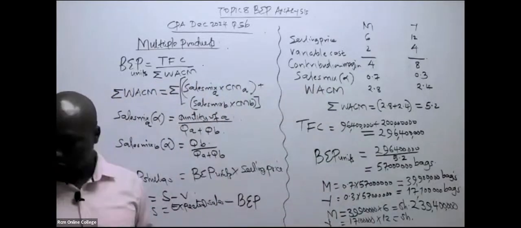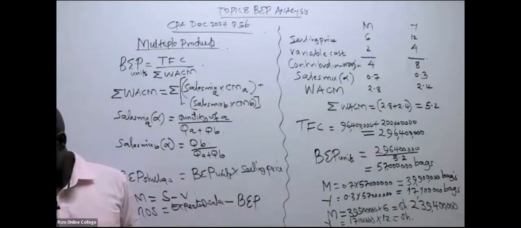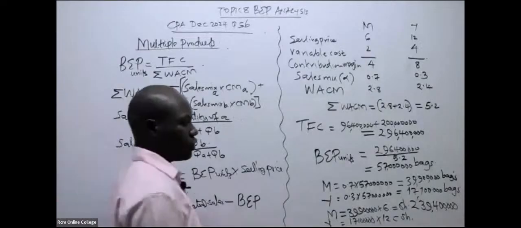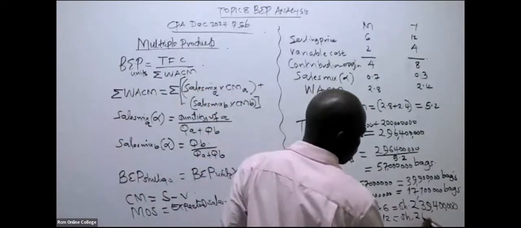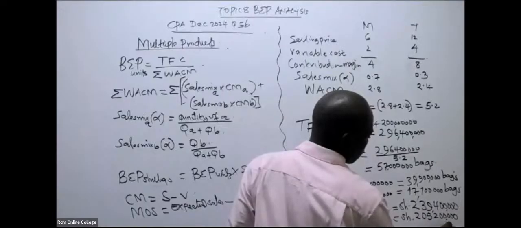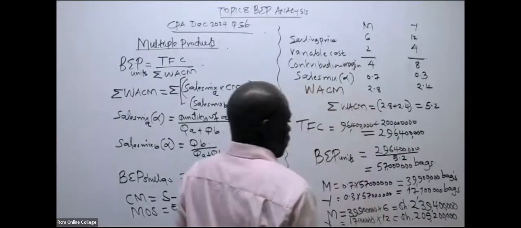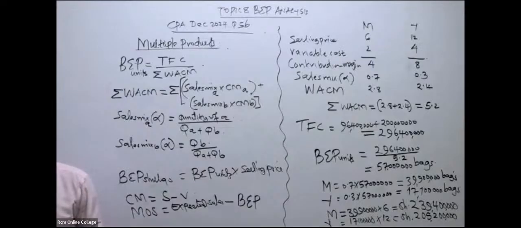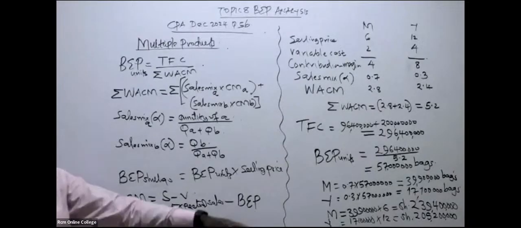How about product Y? 205 million, 200,000.